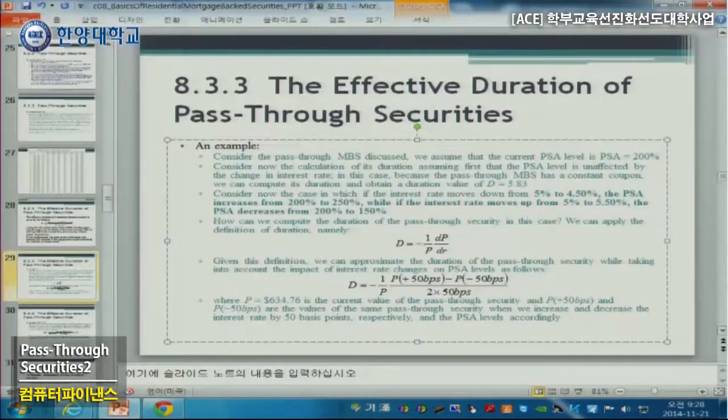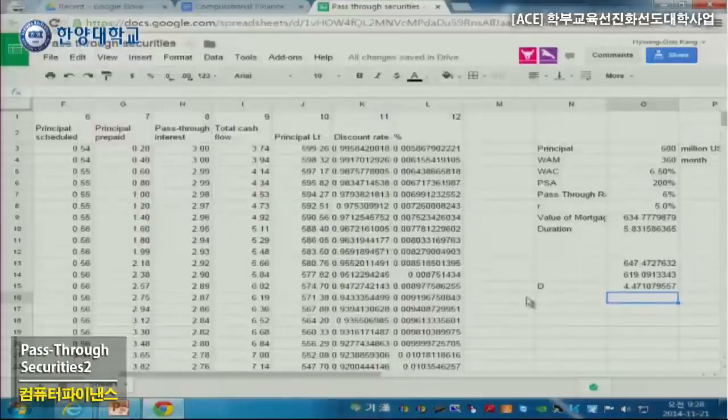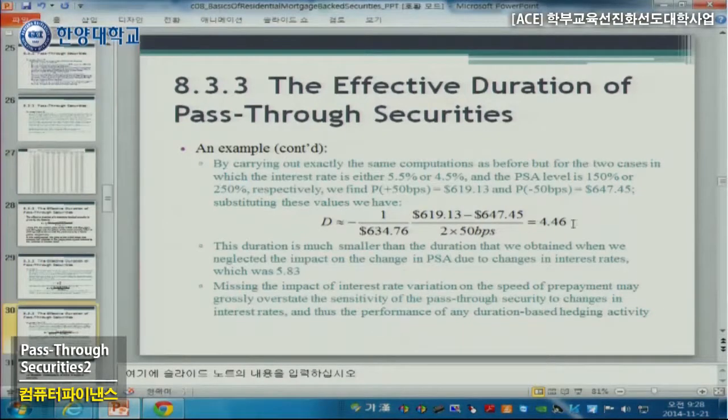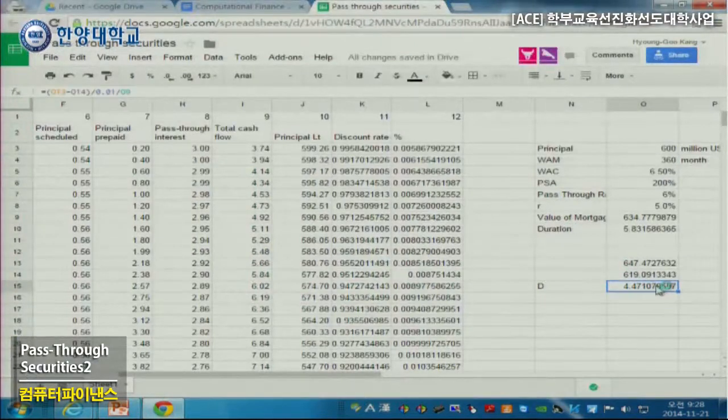So it is about 4.4, right? So yes, it is 4.47. Let me check the answer. 4.46, so slightly different from the textbook value, but anyway, it is similar.